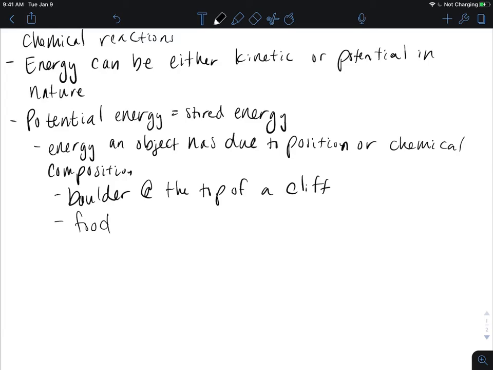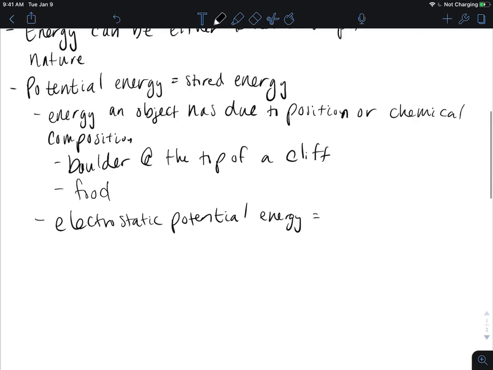Okay, now, one of the most important types of potential energy that we look at in this class is electrostatic potential energy. And this is the energy due to two charged objects being in close proximity.